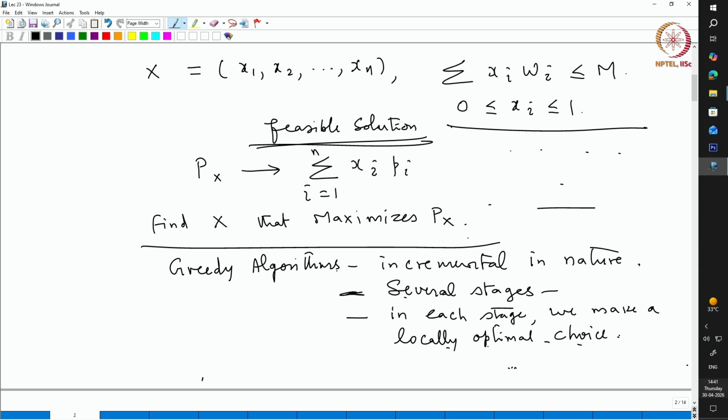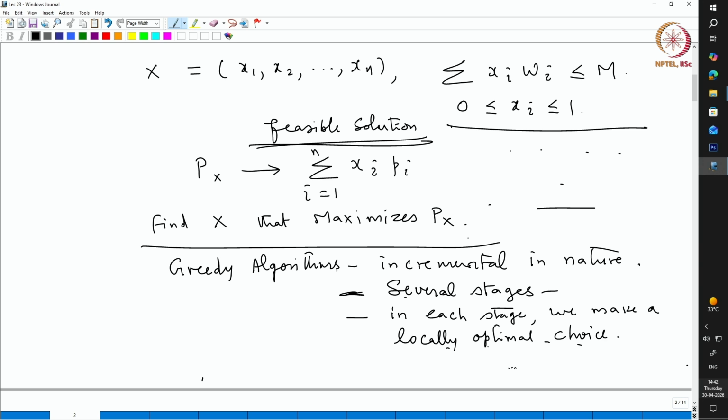This is just a point of view, a way to view in which the greedy algorithm works. The greedy algorithm consists of building the solution in several stages, and in each stage we choose a locally optimal solution. This series of locally optimal choices, we expect it to lead to a globally optimal solution.